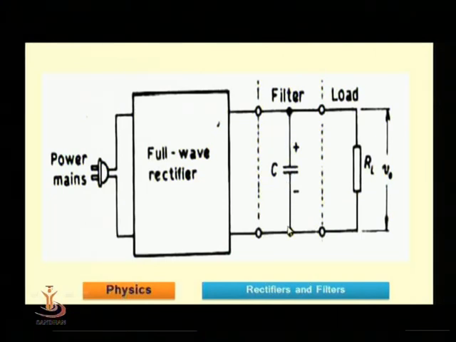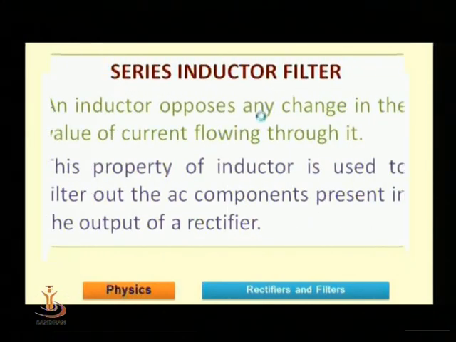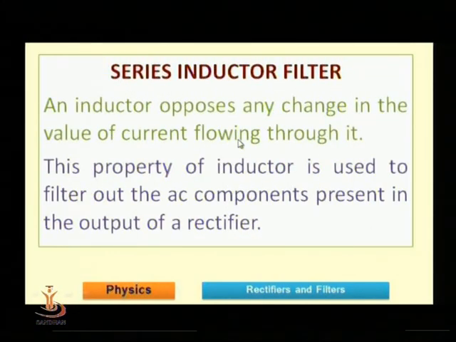For the high frequency component, reactance becomes almost low. If it is a DC component, then the reactance becomes high, and that's why those DC components are not allowed to pass through this capacitor and they are passing towards the load.